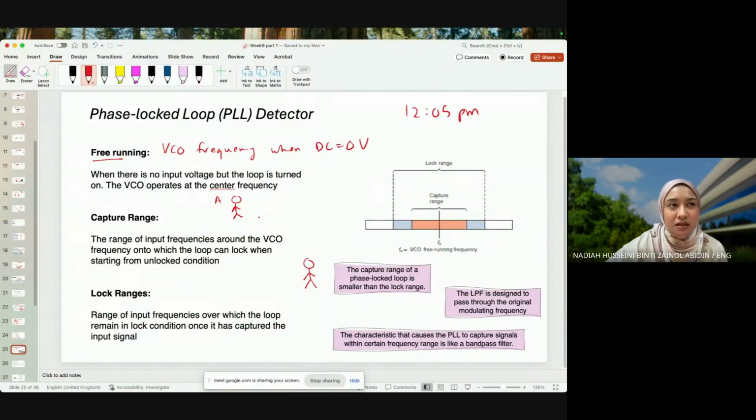Runner A has a pace of, let's just say, 10. So this is the speed. And this guy's speed is going to be much faster, which is 6.